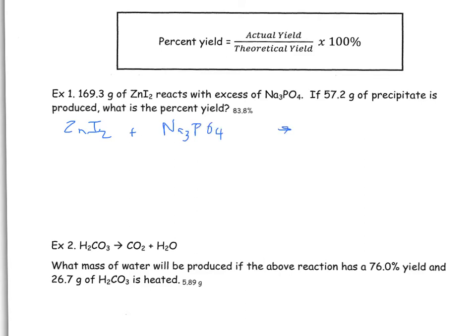This looks like it's going to be a double displacement reaction. Let's see what proof we have. Because zinc phosphate is a solid, this is going to be a double displacement precipitation.